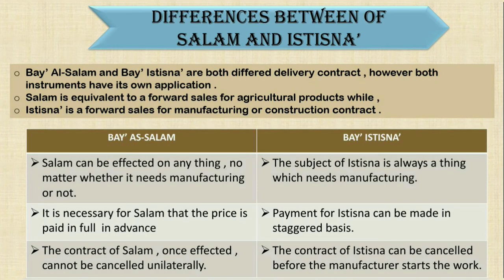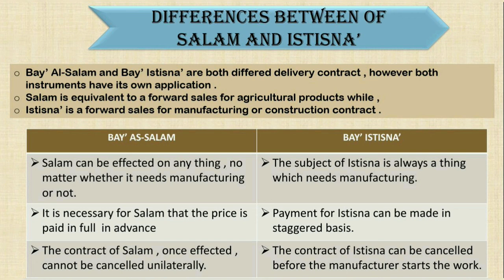So, this is our last slide. I will talk about differences between salam and istisna. Bai' as-salam and bai' istisna are both deferred delivery contract. However, both instruments have its own application. Salam is equivalent to a forward sales for agricultural products, while istisna is a forward sales for manufacturing or construction contract.